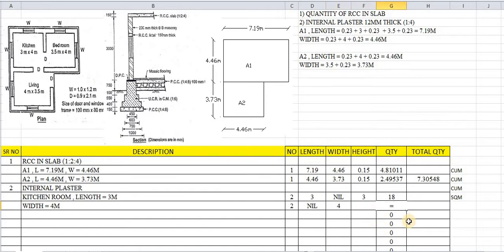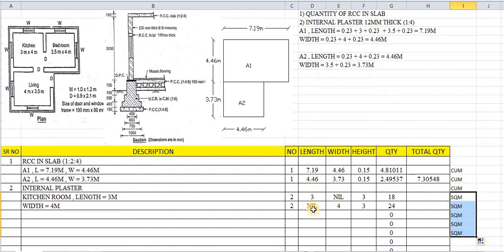So here again we will have the quantity as this multiplied by this multiplied by this. So this is again in square meters. Here we have considered the width, so width is 4 meters.